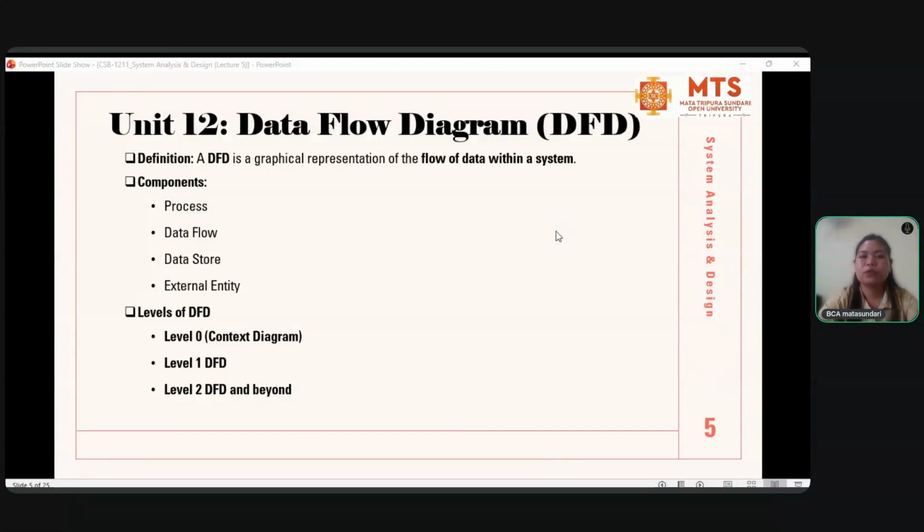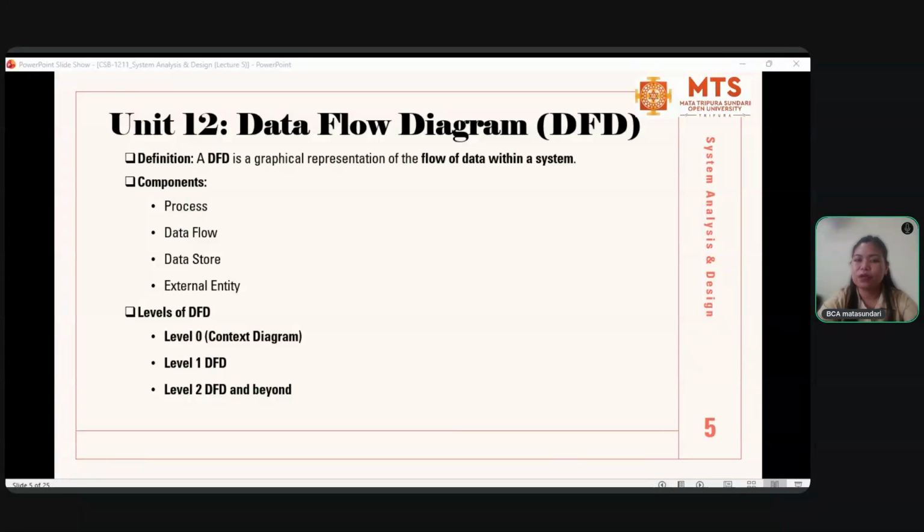Moving towards the data flow diagram, which is also abbreviated as DFD. First, let us know the definition of DFD. It's a graphical representation of the flow of data within the system. What are the components it has? Process, data flow, data store, and external entity.